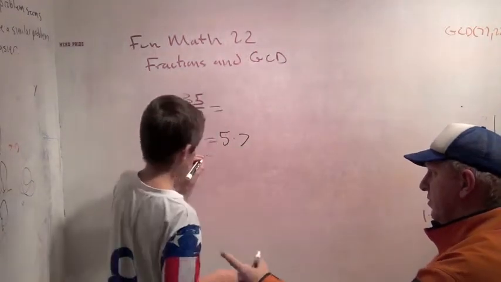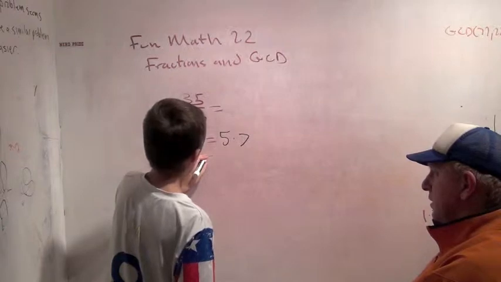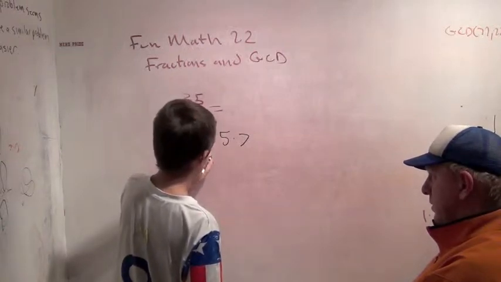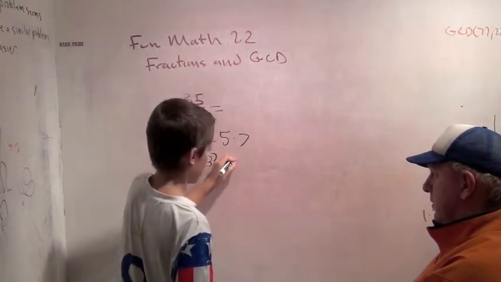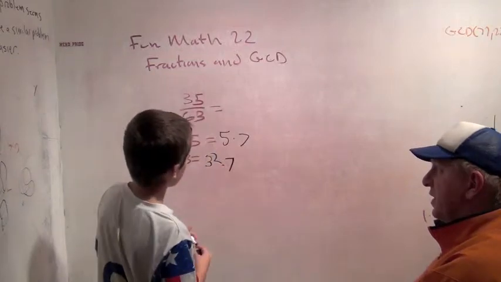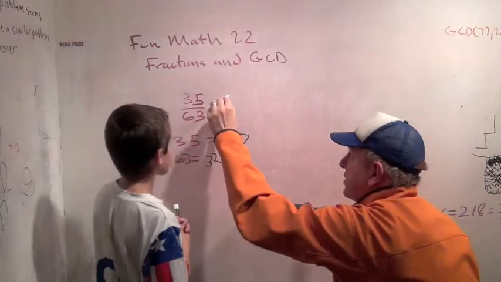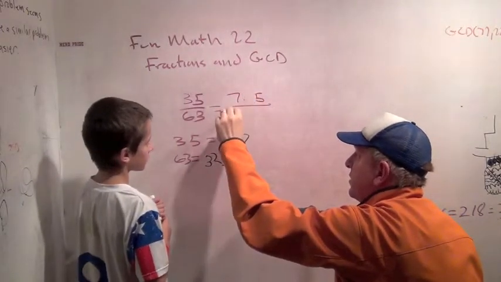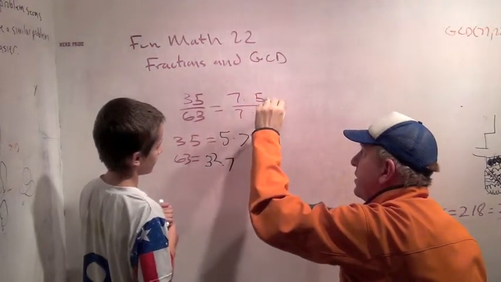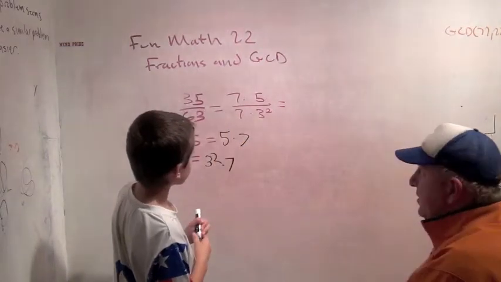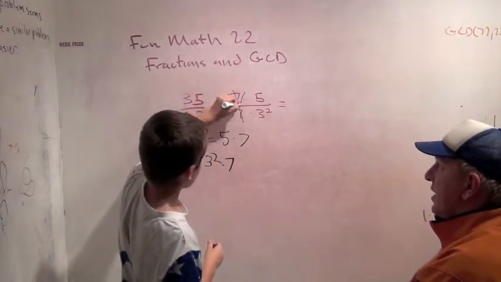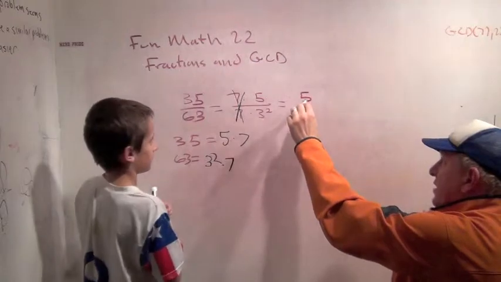It's 3 squared times 7. So the GCD of 35 and 63 is? 7. So this is 7 times 5 over 7 times 3 squared. So 35 over 63 is the same as what fraction? 5 ninths.